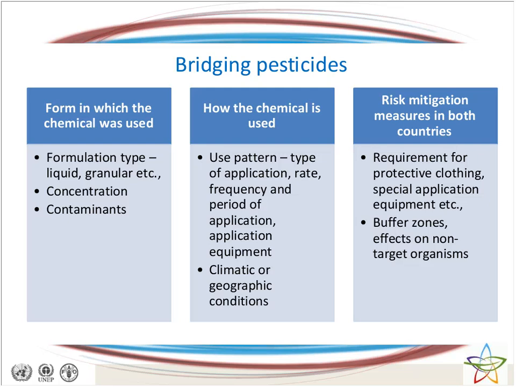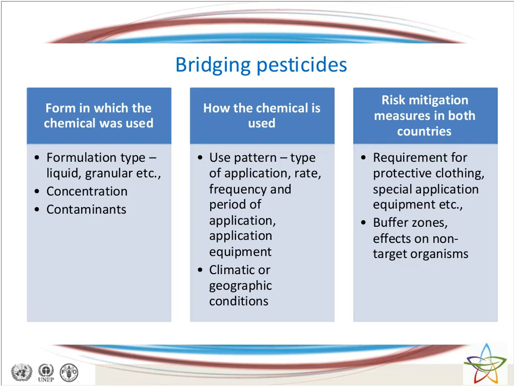So when we speak about pesticides, since the hazard is linked to the concentration, to the type of contaminants included in a formulation, for example, the information that is bridged should describe all these elements.